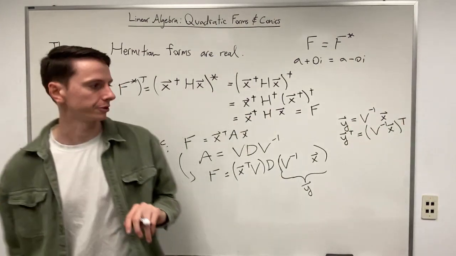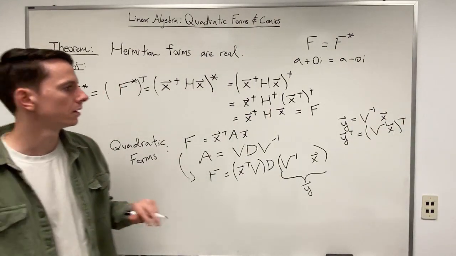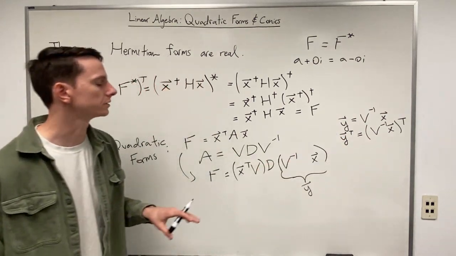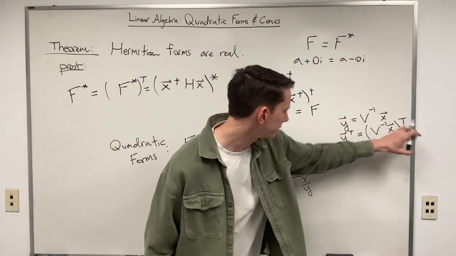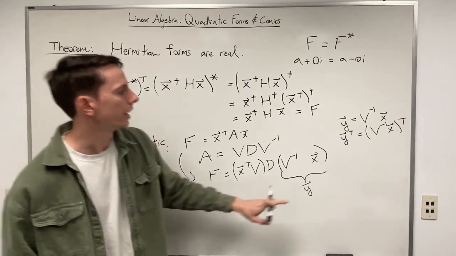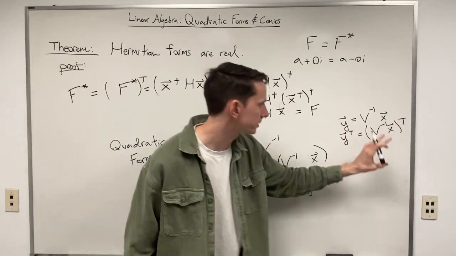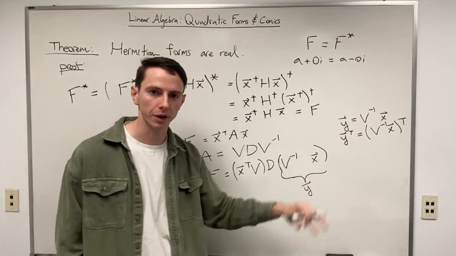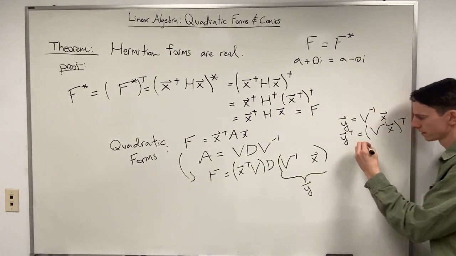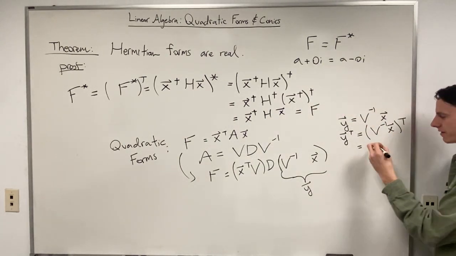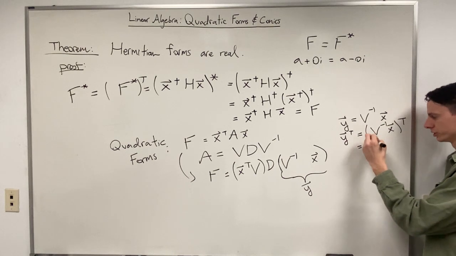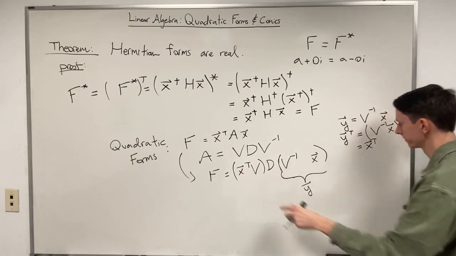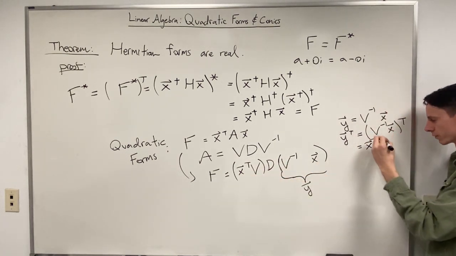Just applying the transpose to both sides, same idea as what we had right here. In order to apply the transpose to the product, I swap the order that they're written in and then apply the transpose individually. So I'm going to first have x being transposed. Conveniently, that's what we have here. And then I'm going to have V inverse transposed.